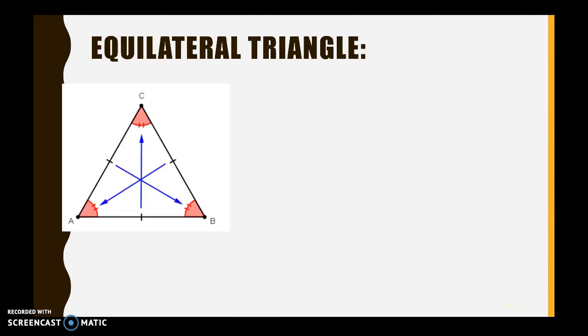All right, now equilateral triangles. So equilateral triangles, we know all three sides are congruent. Okay? If all three sides are congruent, all the angles have to be congruent as well.